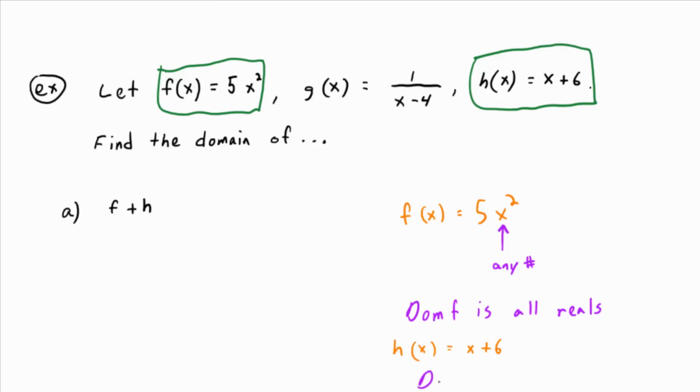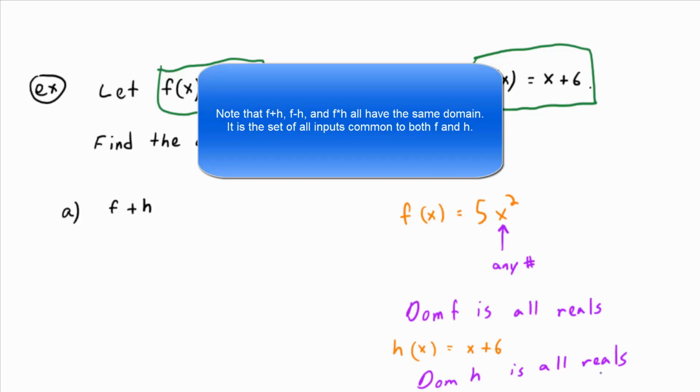The domain of h is all reals. So is anything bad going to happen when the domain of both functions is all reals and you add them together? How could anything bad happen, right? You can add any numbers you want, right? So that's a way to think about it.